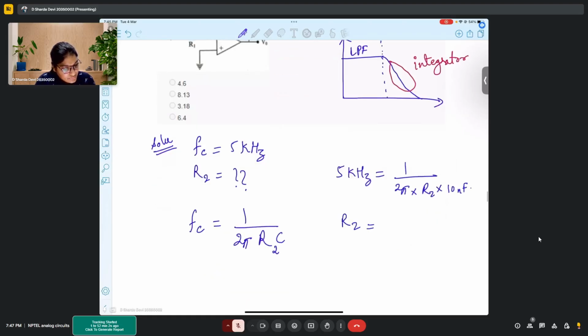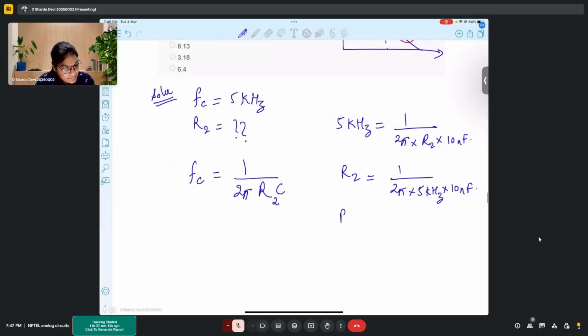So R2, the value would become 1 upon 2 pi into 5 kilohertz into 10 nanofarad. So from here, what is the R2 that we are getting?